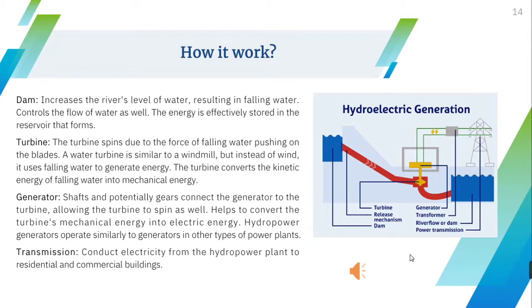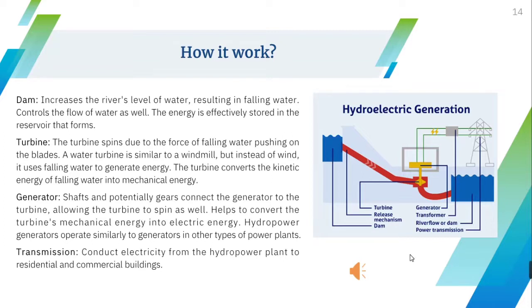Then, the turbine spins due to the force of falling water pushing on the blades. So a water turbine is similar to a windmill, but instead of wind, it uses falling water to generate energy and converts the kinetic energy of falling water into mechanical energy.